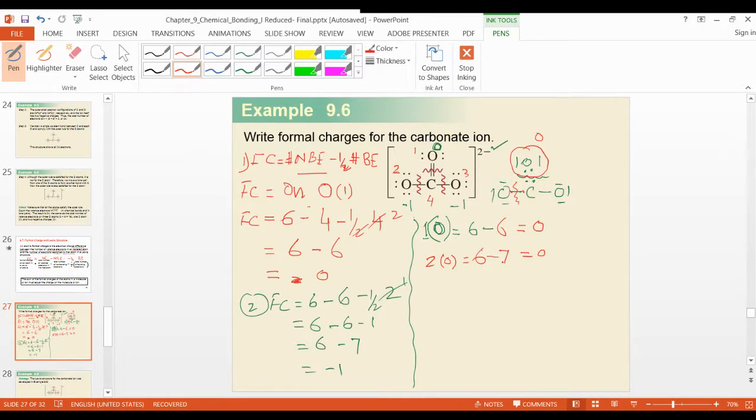So this 6 and this 7, because there are 6 electrons here, 2, 2, 2, and 1 electron coming after breakdown, 7. So it means 1 electron is extra here. It has only valence electron 6, but 1 electron extra. So this is not 0, this is -1. Now oxygen 3 is the same. 6 minus 7, minus 1. This is -1, this is -1, like this.